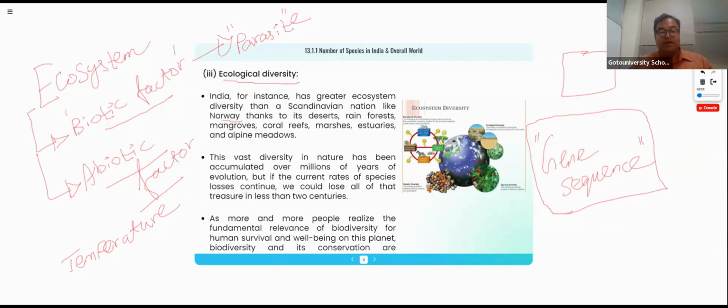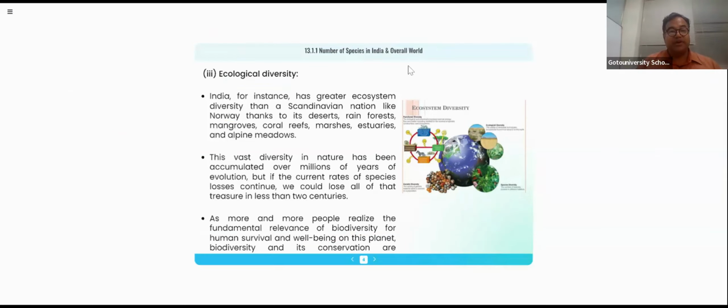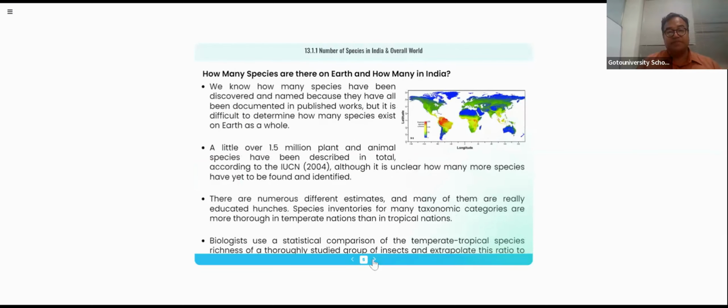So, biodiversity for human survival and the well-being of this planet: for this, ecological diversity is very, very important, right? Now we are entering into an important concept. How many species are there on the earth and how many are in India?